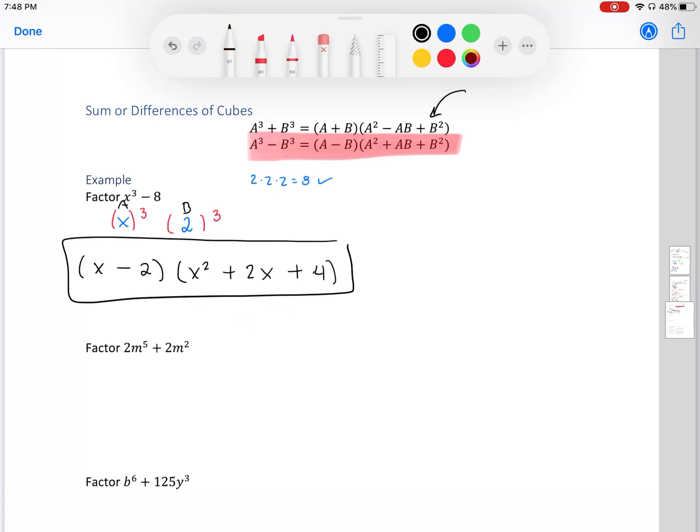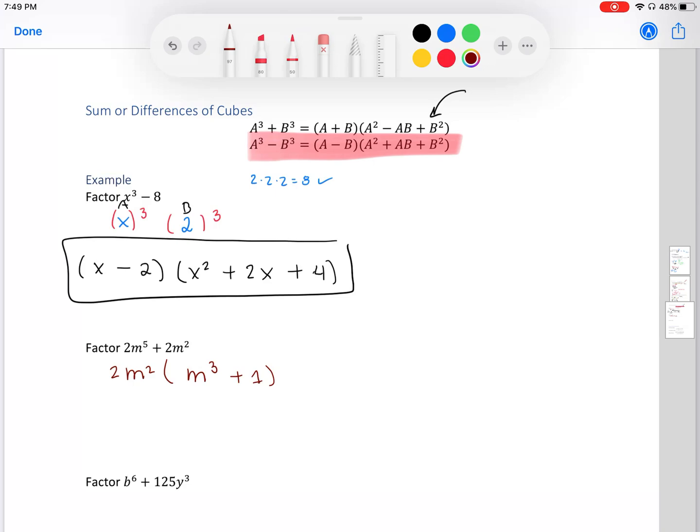Let's take a look at our next problem. We have 2m to the 5th power plus 2m squared. I want to begin by factoring out an m squared and a 2. Factor out the greatest common factor, so that you're left with m to the 3rd power plus 1.